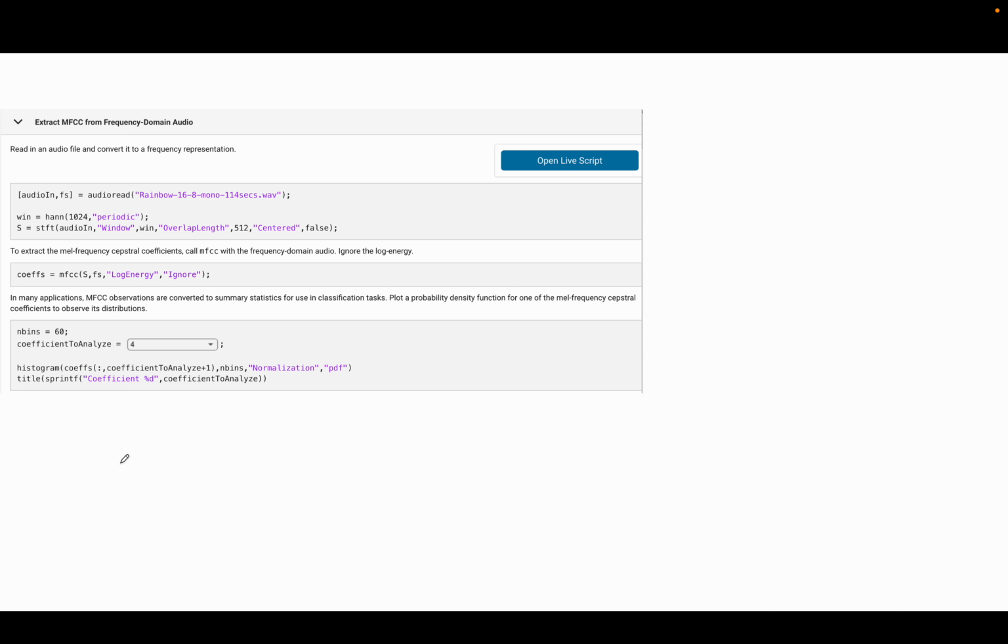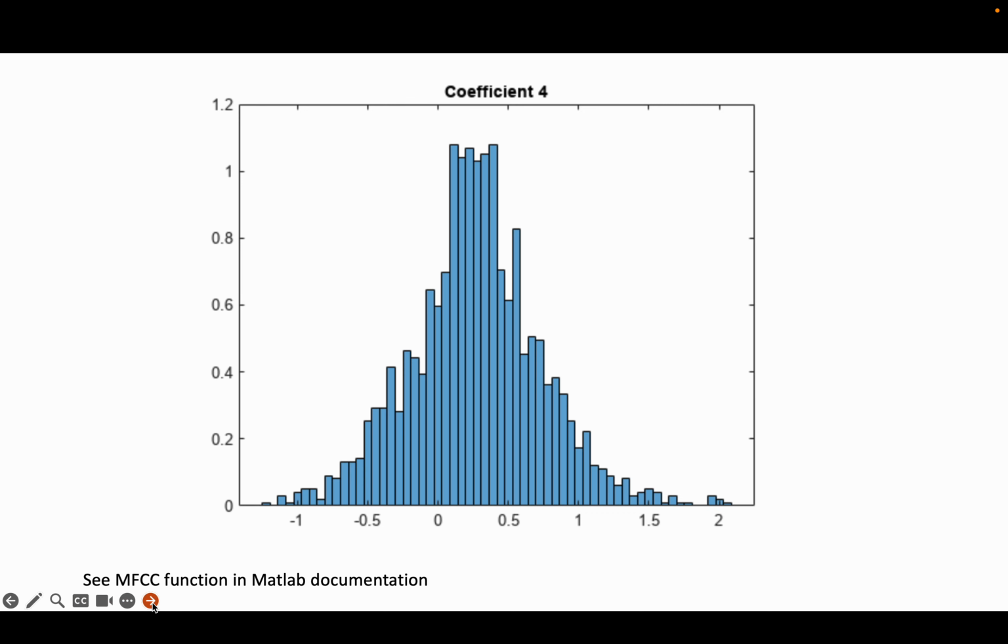You would be picking that particular frequency band according to the Mel frequency, the triangular filter that was applied. You'd be taking that and looking to see how that coefficient varies statistically. So here's a histogram. This is coefficient 4. Remember, these are normalized to have a mean of 0 and a standard deviation of 1.